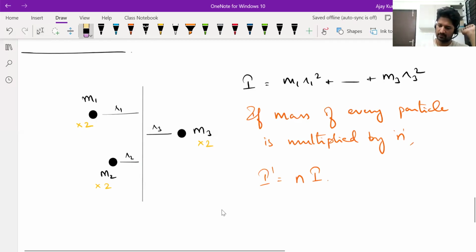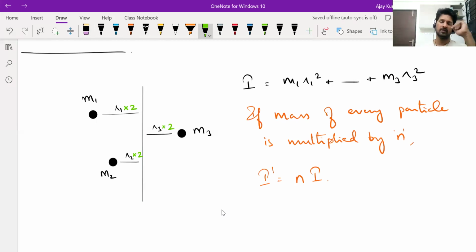Next, what if the distances of these particles from the axis are doubled? What happens to moment of inertia?